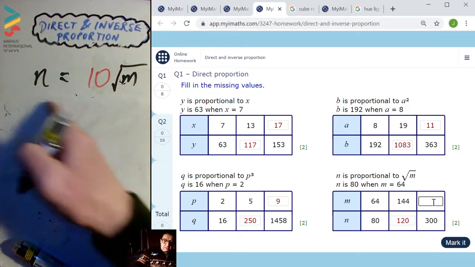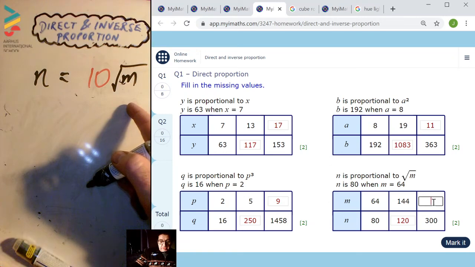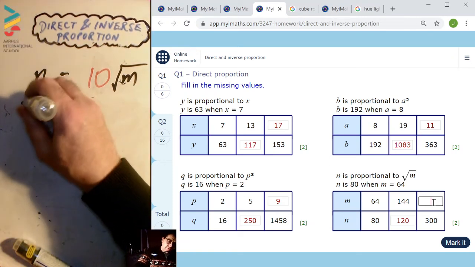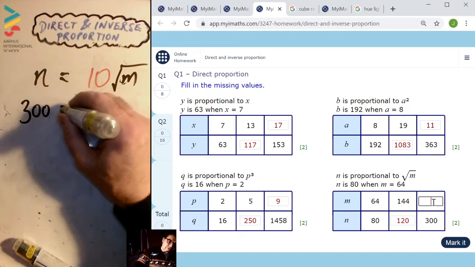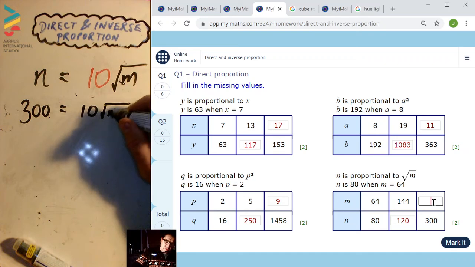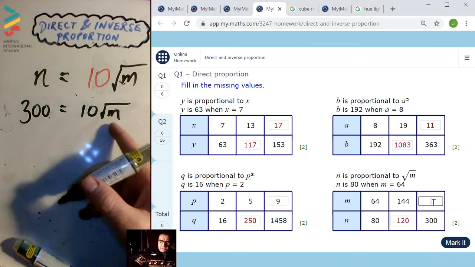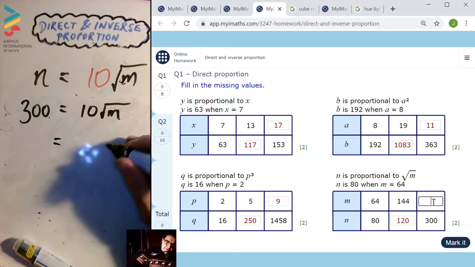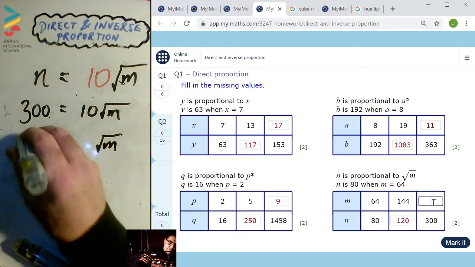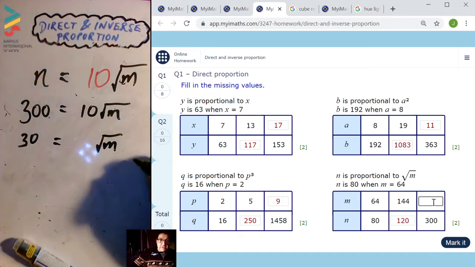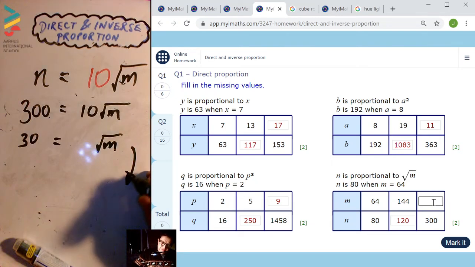Okay, so there's the relationship between the two things. N equals 10 times the square root of m. We've got n equal to 300, so 300 equals 10 times the square root of m. I'd quite like to get this square root of m on its own, so I'm going to divide everything by 10 and get the square root of m on its own is equal to 30. And then what I'm going to do now is square both sides.